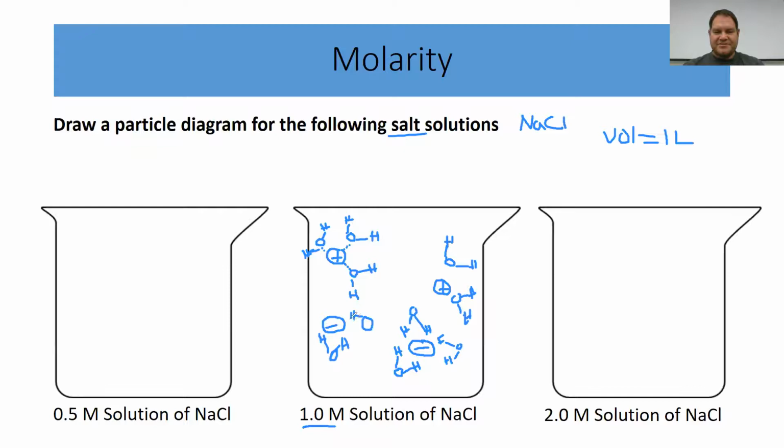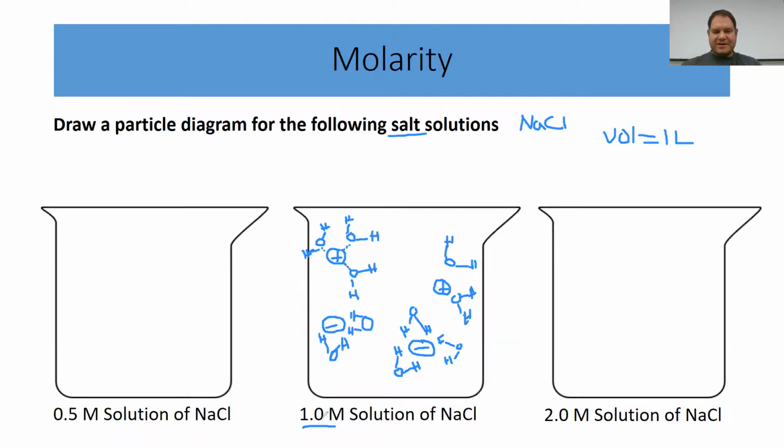The hydrogens are attracted to the negative charge, and the oxygens are attracted to the positive charge. Basically, we have 4 particles surrounded by water molecules.